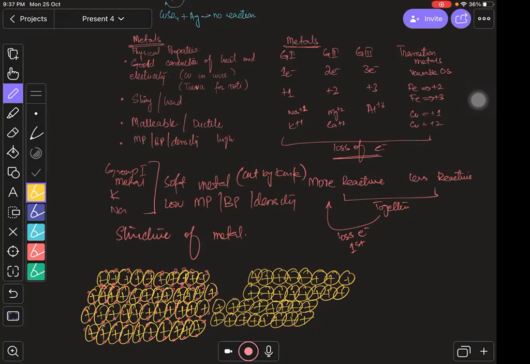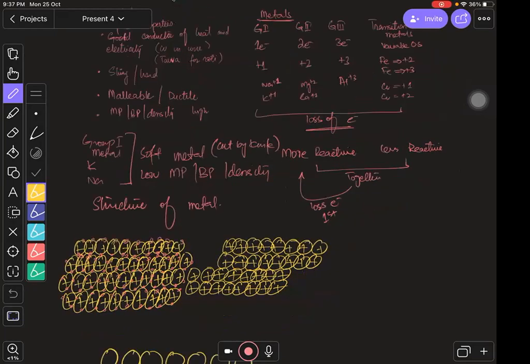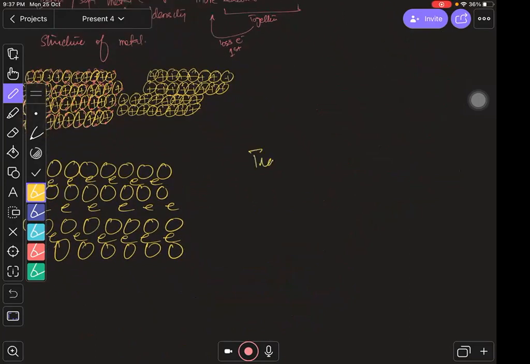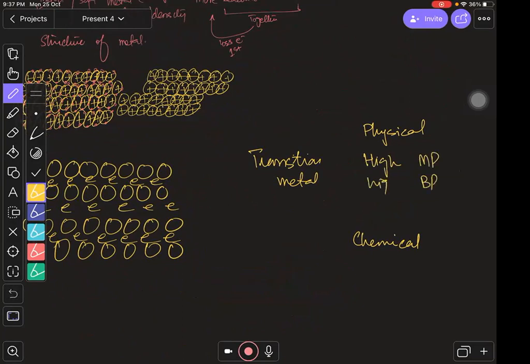Yes. Now we need to keep this in our mind. If we talk about transition metals, they are different elements, right? If you talk about the physical properties and the chemical properties of transition elements, they are a lot different from simple atoms. They have very, very high melting points, very, very high boiling points, and very high densities.